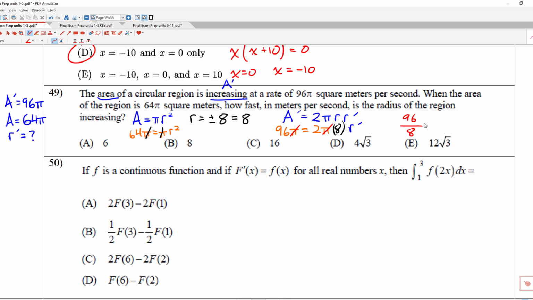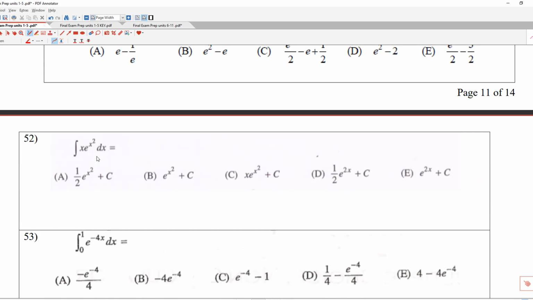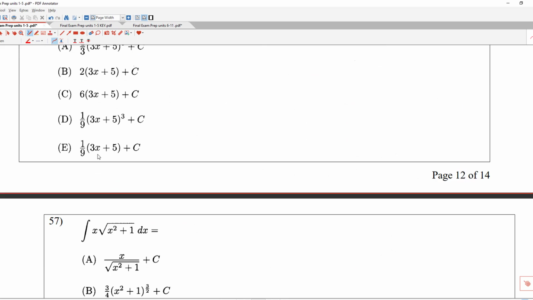That's 12, right? And then divide by 2 again, because I haven't divided by this 2, I only divided by that 8. And 12 divided by 2 is indeed 6. So the answer here is A, 6. That was 49. I said the next one I'm doing is 60, and then 64. Scroll down here. 60.